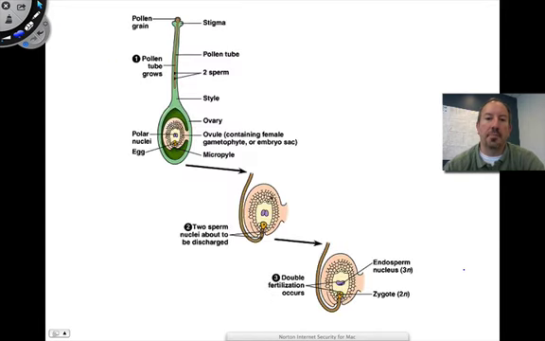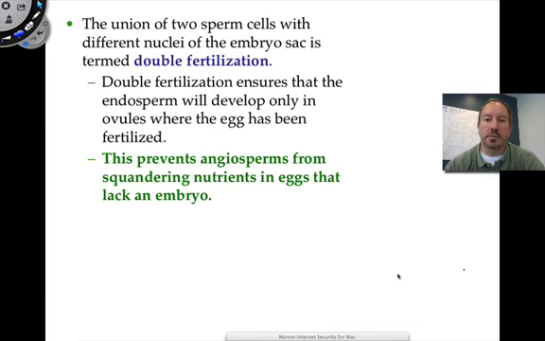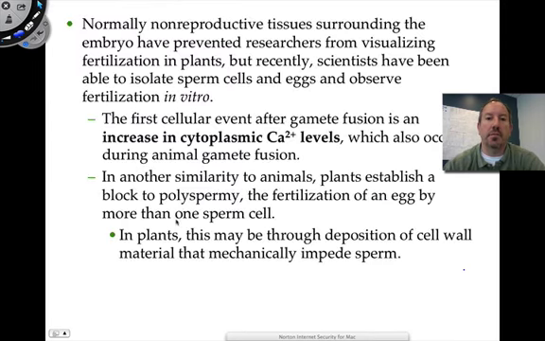And so ultimately, double fertilization is fertilizing both the egg cell and the endosperm. So you get a diploid and you get a triploid. Whoa, pretty interesting. So that's why it's called double fertilization. And so double fertilization ensures that the endosperm will, I mentioned this, only develop where the egg has been fertilized. So this prevents squandering of nutrients. And so that's kind of efficient of the plant.